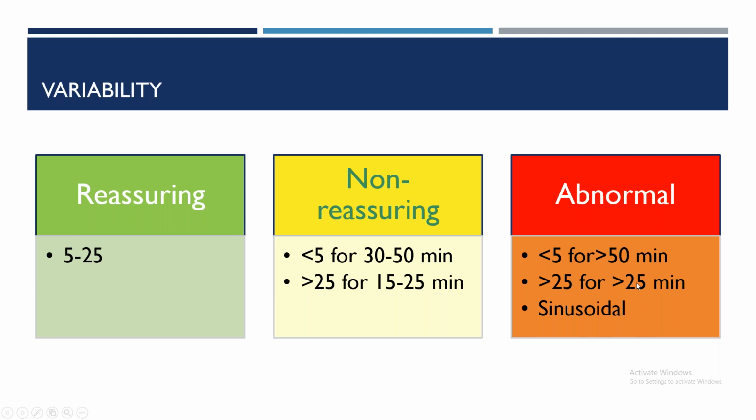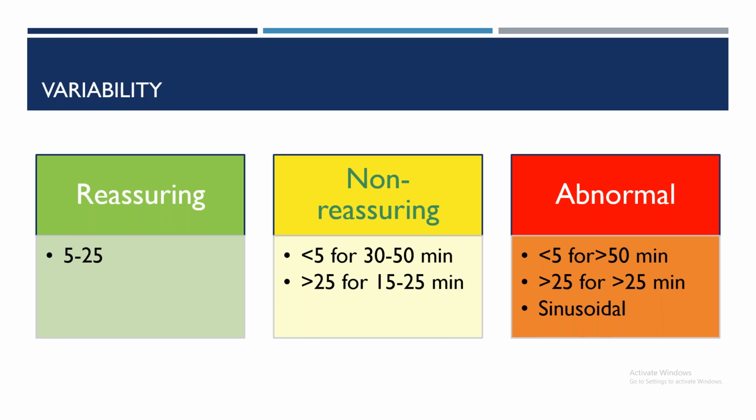So when the variability is less than 5 for more than 50 minutes, it becomes abnormal. When the variability is more than 25 for more than 25 minutes, it becomes abnormal. And any sinusoidal pattern, I will come to that, becomes abnormal.